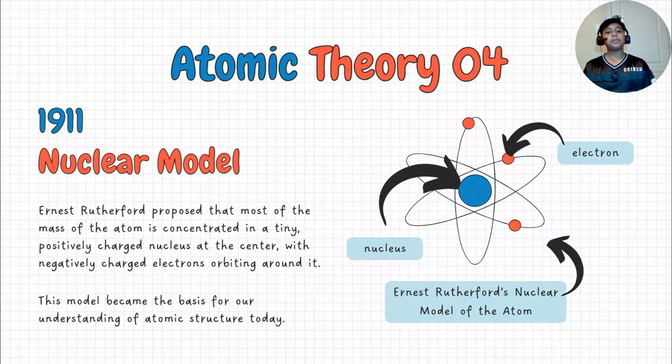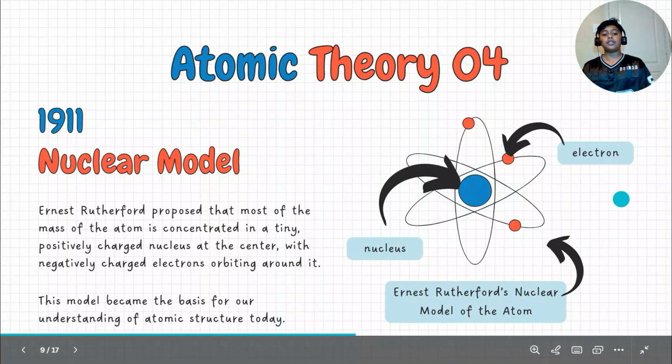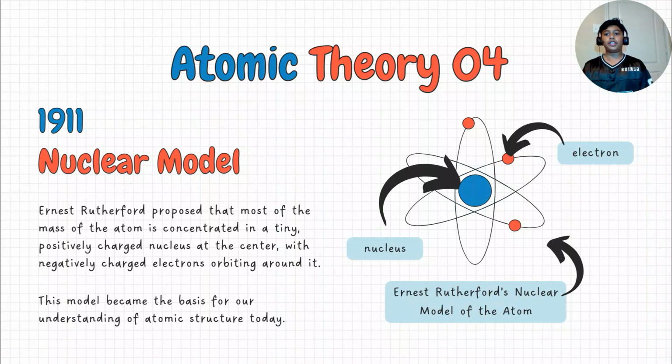This model became the basis for our understanding of atomic structure today. So, this is Ernest Rutherford's nuclear model of the atom. And a quick fun fact, Rutherford is actually an element in the periodic table.